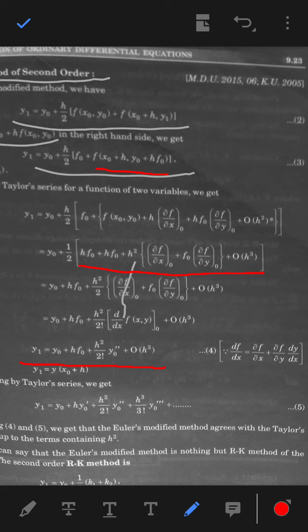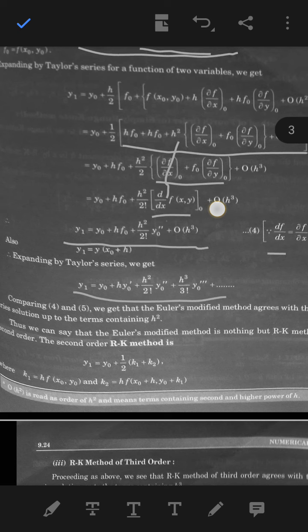Here we have replaced curly f by curly x plus curly f by curly y dy by dx, that is this term, by df by dx. So we use this notation in this step. So from here we find that y1 is equal to y0 plus h into y0 dash plus h square by factorial 2 y0 double dash. This is the expression for the Taylor series method.